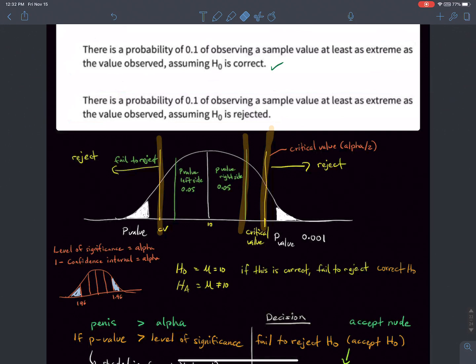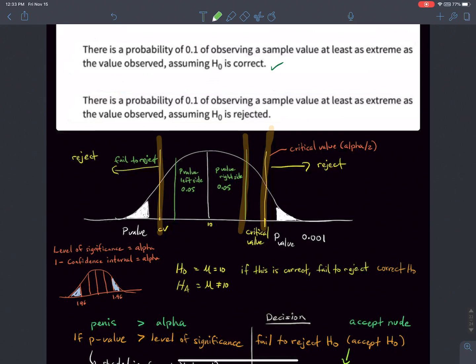Now, what will we do? Now the critical value, or alpha divided by 2, let's say it is 5%, for example.